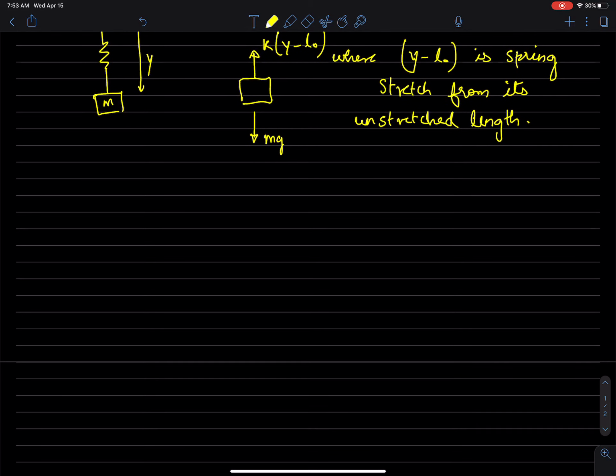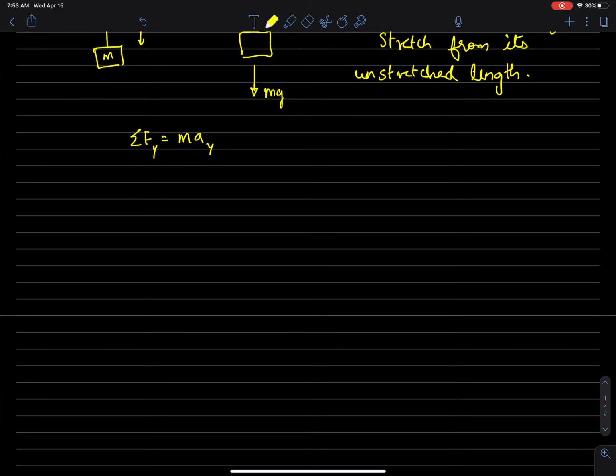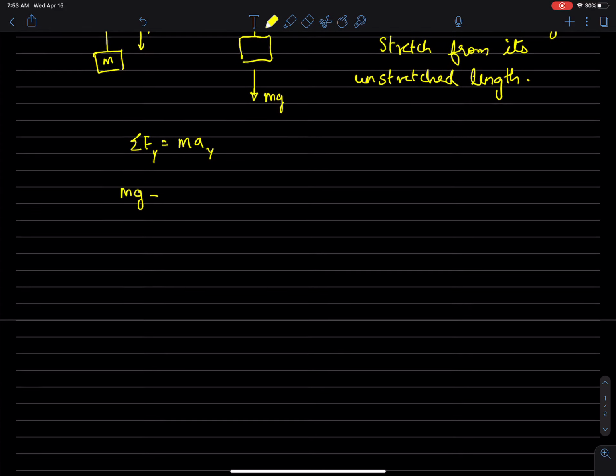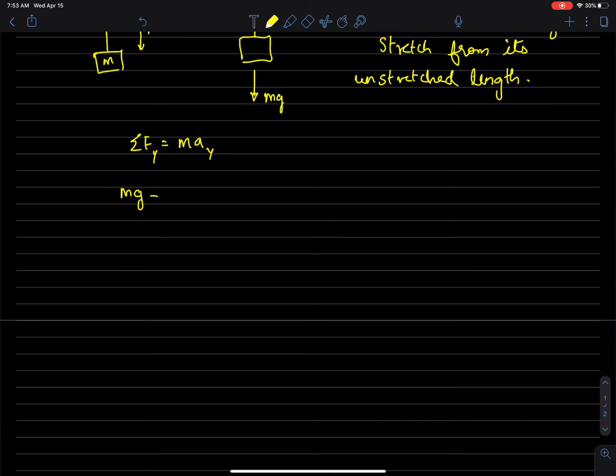That's all it is. So we can do a sum of forces equals ma in the y direction. So we can go mg, because we are doing downward positive, mg minus k times y minus L naught. And the acceleration in the downward direction is y double dot.